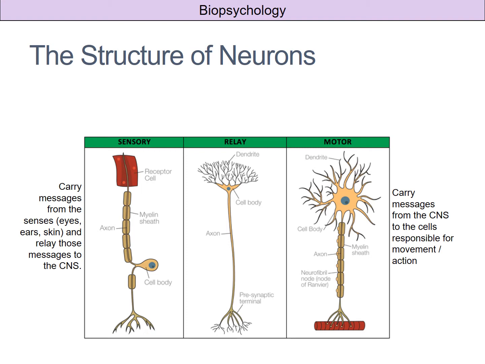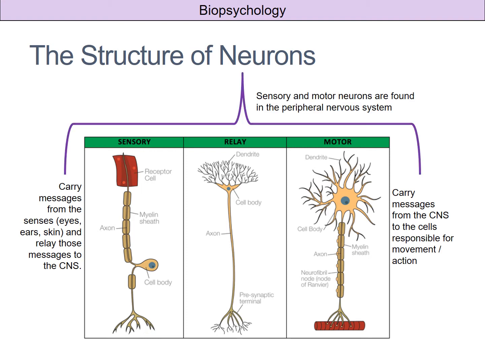For example, that might be muscle cells that allow the signal to cause that response within a particular muscle. Now, both sensory and motor neurons are found within the peripheral nervous system because they are carrying messages to or from the outside world, or from muscles, organs, glands to the central nervous system so that information can be processed.